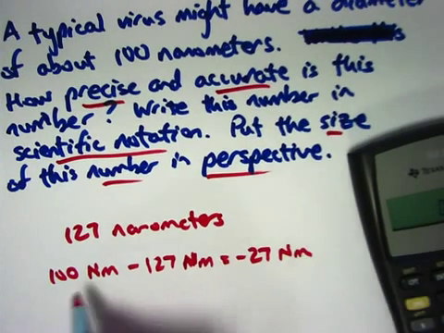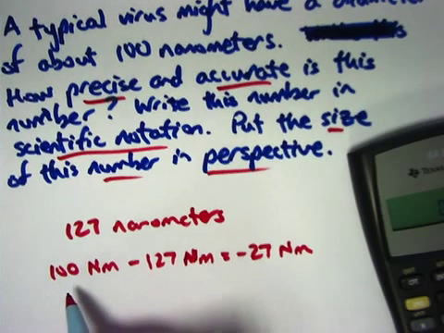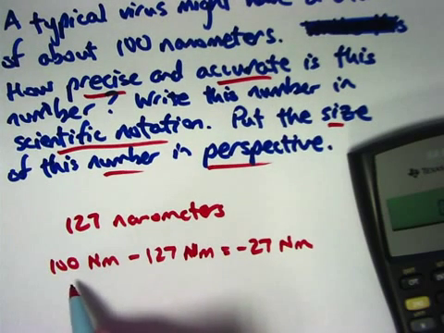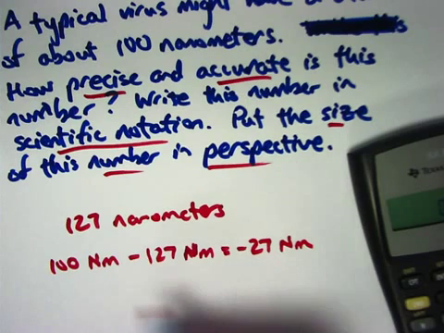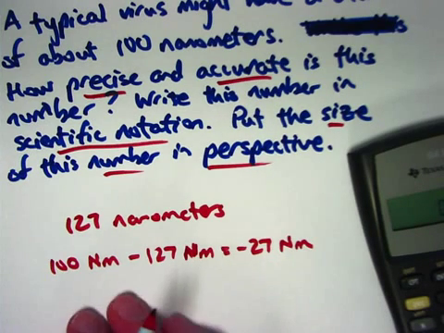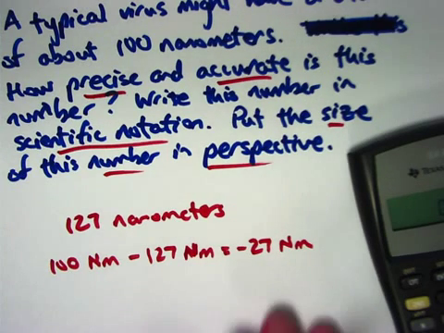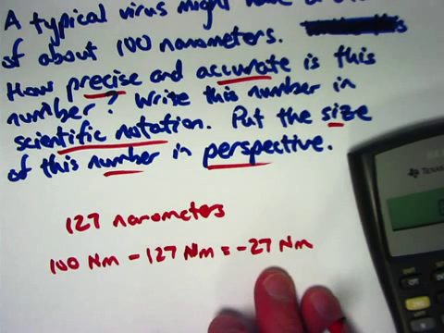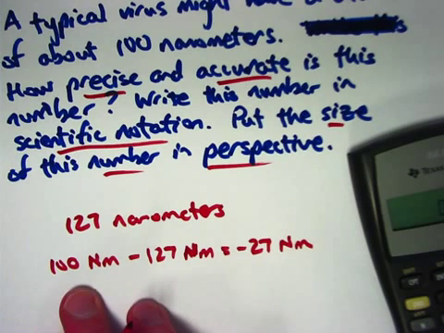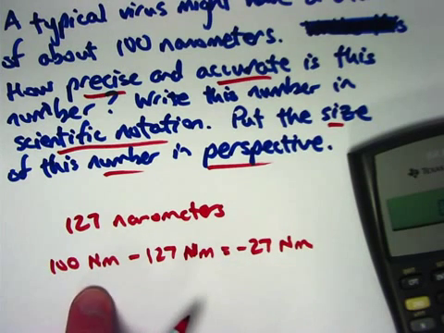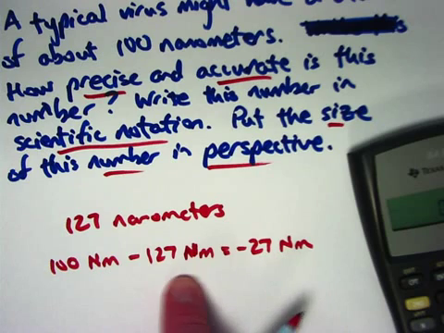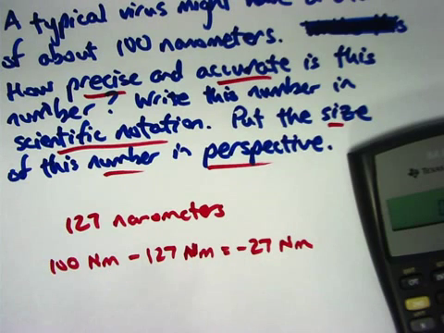Now here I guess I'm pretending this 100 is maybe precise to the nearest nanometer, but that's the idea about how to find what's sometimes called the absolute size of the error, telling you how accurate it is. The measured or estimated value in this case is below the true value, and therefore this is a negative quantity.